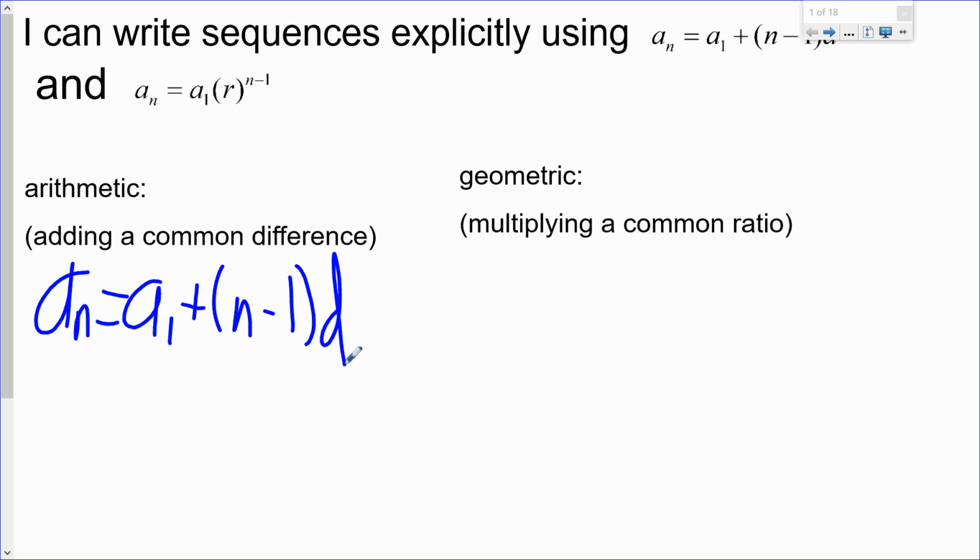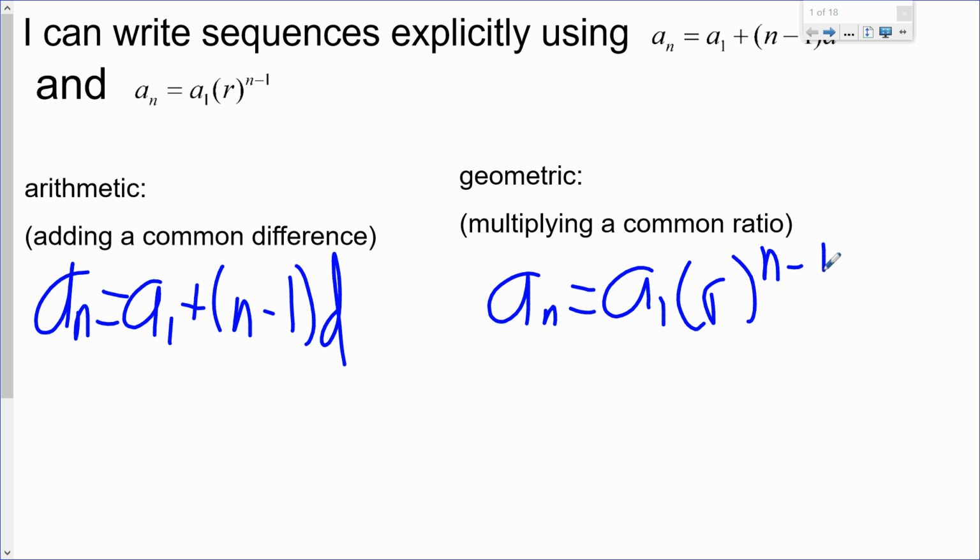And for geometric, it's a_n equals a_1 r to the n minus 1.